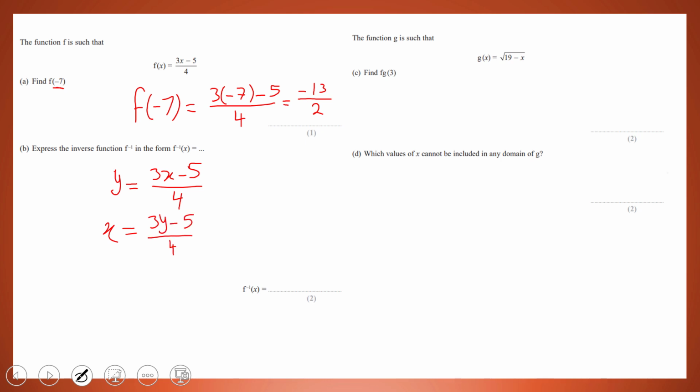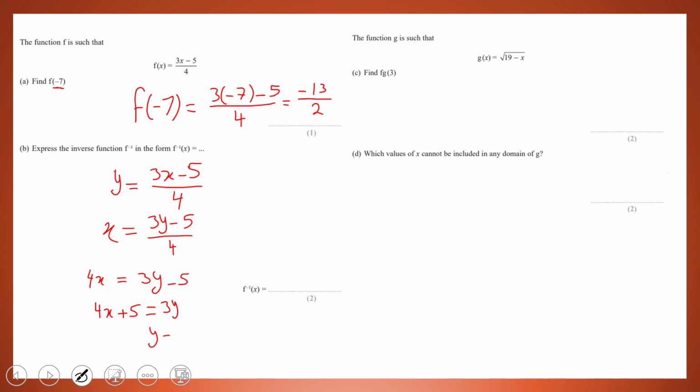The next step is you will try to make y the subject again. So it will be 3y minus 5 equals 4x. Then you will shift the 5 to the other side. So it will be 4x added to 5 equals 3y. Then you divide by 3.